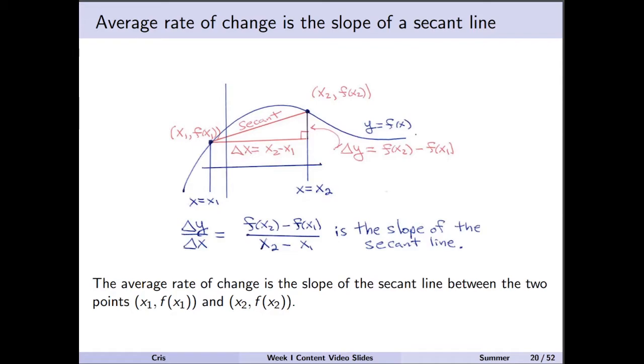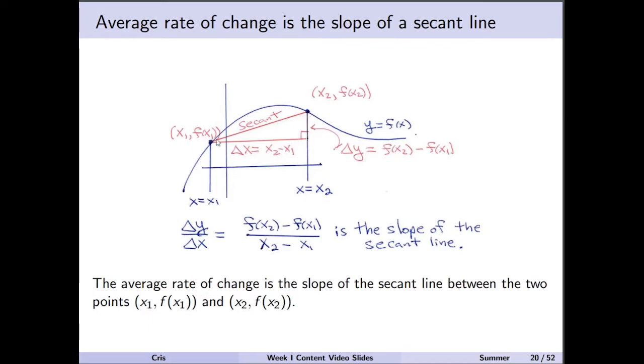If we look at this diagram right here, we can interpret delta x and delta y in terms of the graph. So here's y equals f of x. Here's our 2 points when x is x1 and y1 is f of x sub 1. And here's our second point when x is x2 and y is f of x2. The change in the y coordinate here, delta y, is given by the difference of y coordinates, f of x sub 2 minus f of x sub 1.